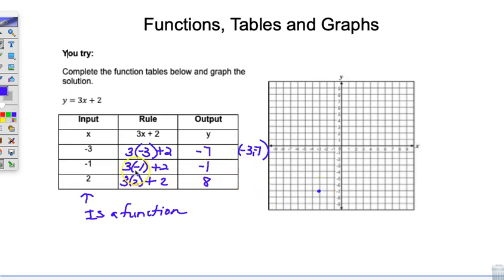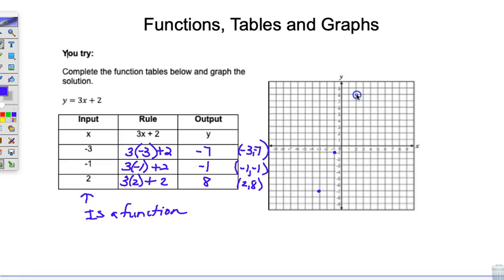I'm going to graph the next one, which is negative 1 for an x value and negative 1 for the y value. So again, start at the origin, move left to negative 1, and down 1 to negative 1, and there's my second point. The last one is 2, 8. So we're going to start at the origin, move to the right to positive 2, and up to positive 8.